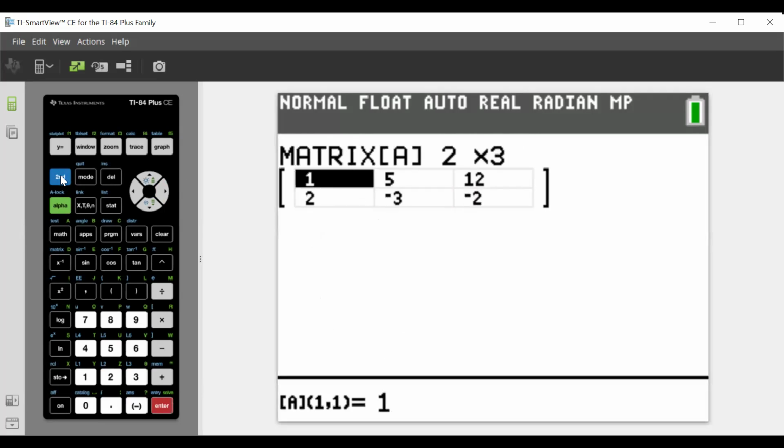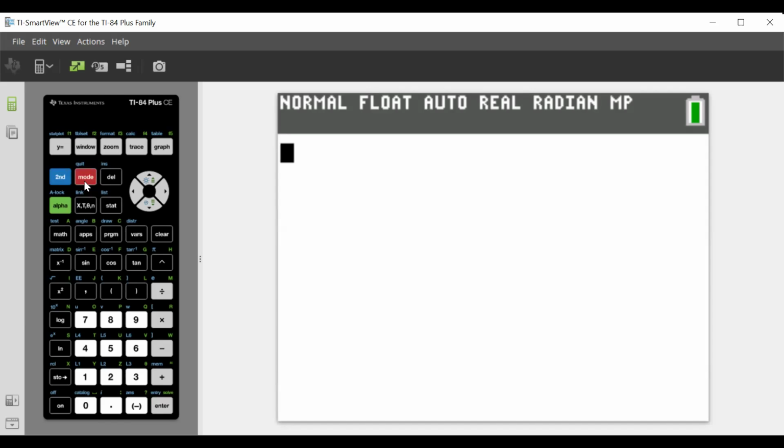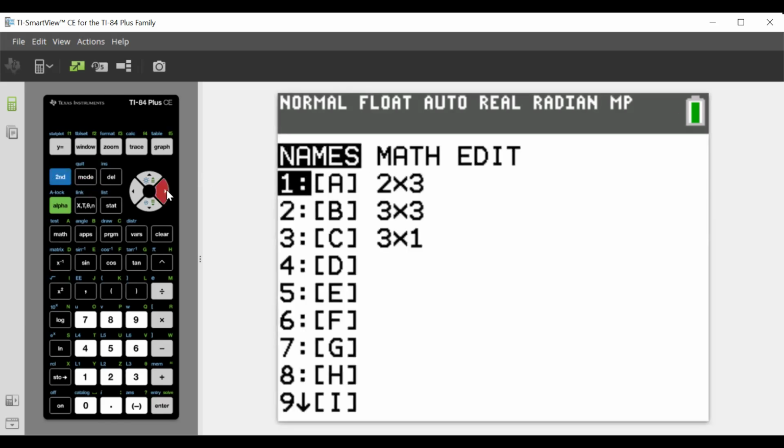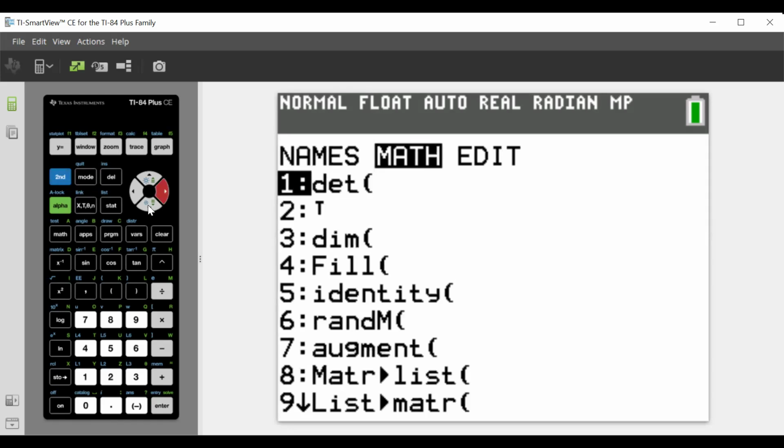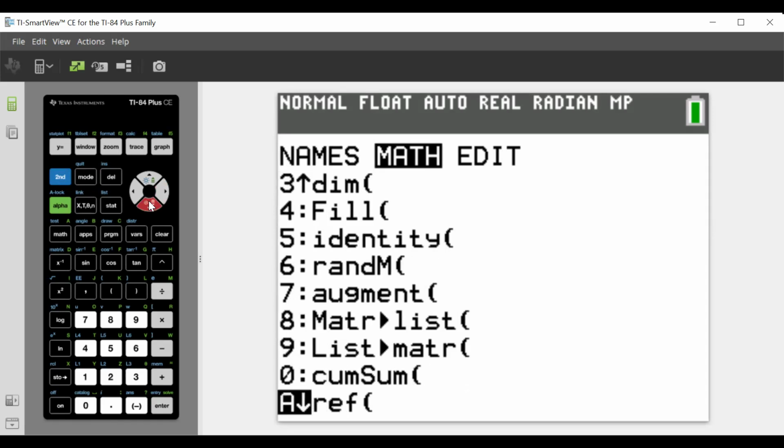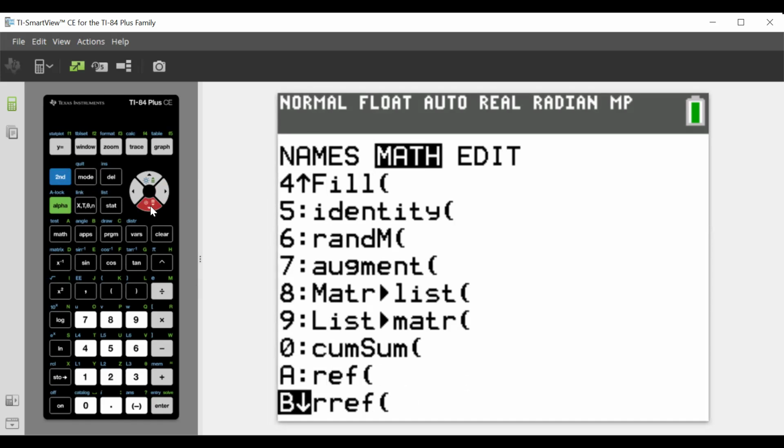So now let's get out of there. Let's go back into matrix. Now we're going to do math. And we're going to do row reduced echelon form, which is what it's called when we're doing this stuff we've been doing by hand. Ones down the diagonal, zeros everywhere else. And so that's going to be B, row reduced echelon form. So we'll enter there.